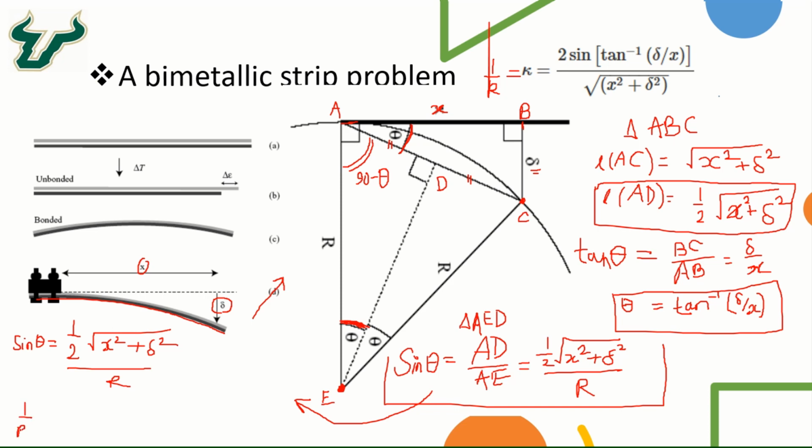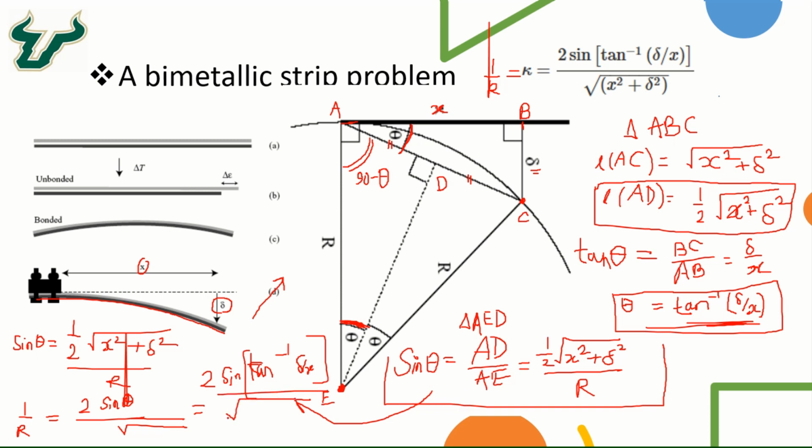So we can rearrange these terms and write this down as 1 over r equal to, let's take 2 to the other side, so that becomes 2 sine theta divided by the square root of x squared plus delta squared. Okay, and then theta we can write as tan inverse of delta over x.